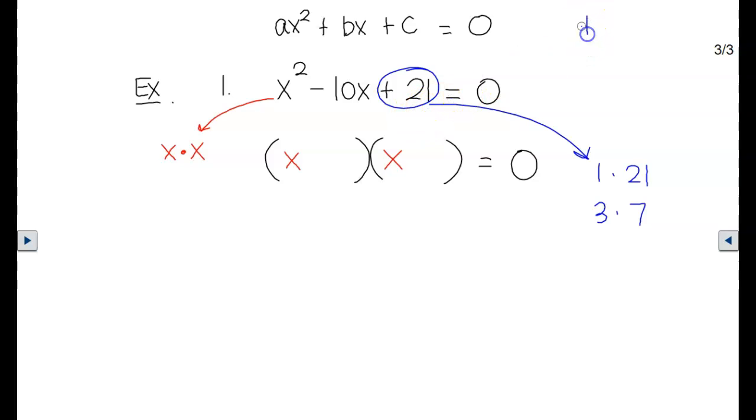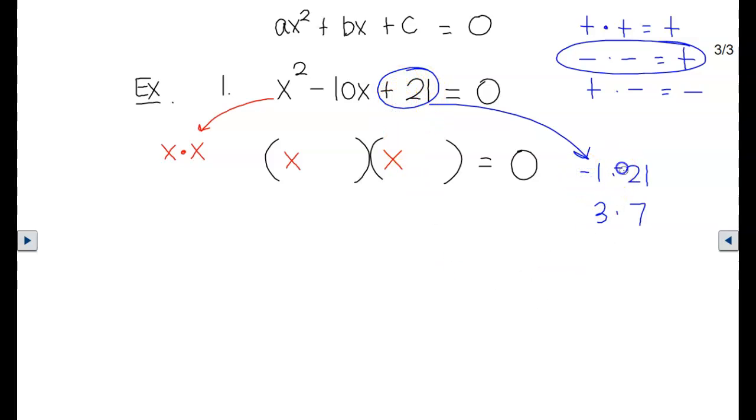Remember that if you do a positive times a positive, you get a positive. If you do a negative times a negative, you get a positive. And if you do a positive times a negative, you get a negative. So on this particular problem, I'm going to need that negative times negative combination, because I want the 21 to turn out to be positive.